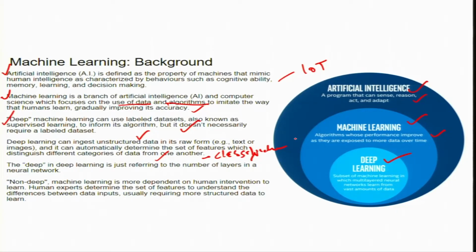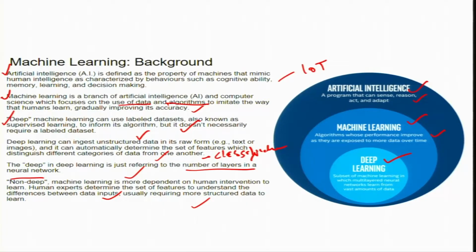The deep in deep learning just refers to the number of layers in the neural network. Non-deep machine learning is more dependent on human intervention, and human experts determine the set of features to understand the differences between the data inputs.